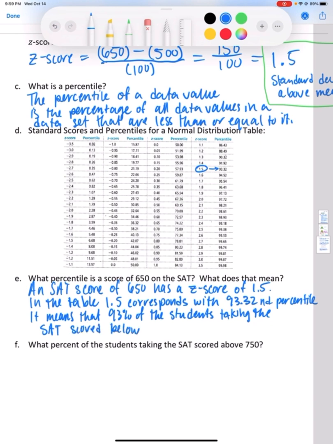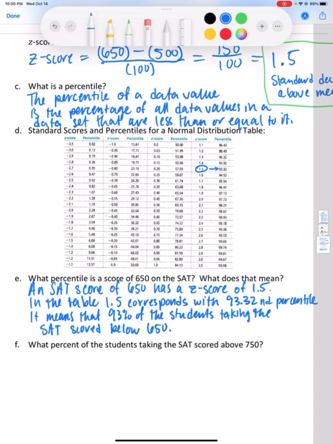All right, so percentile is the percent at and below what the score is, or what the data point is.